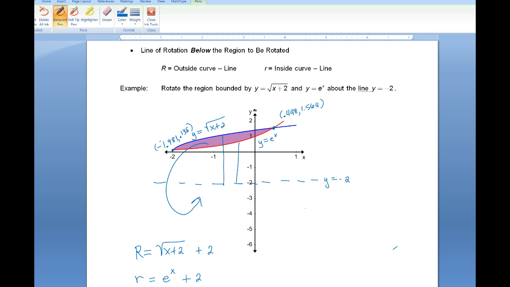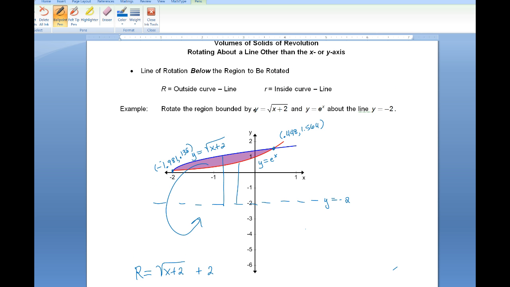Okay, so notice how I wrote it here. Another way you can think of it is big R can be the outside curve minus the line. This will work every time. So think about if I subtract -2, what happens? You end up adding 2.